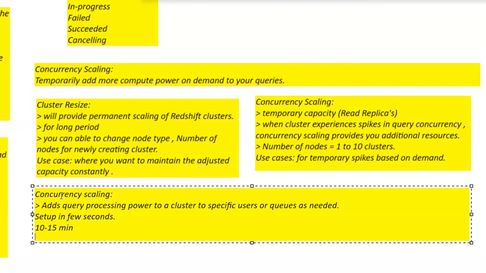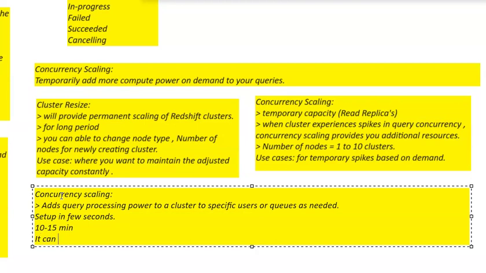What is the efficiency of it? For how many concurrent queries or users can this concurrency scaling provide responses? It can efficiently handle up to thousands of queries or user requests.